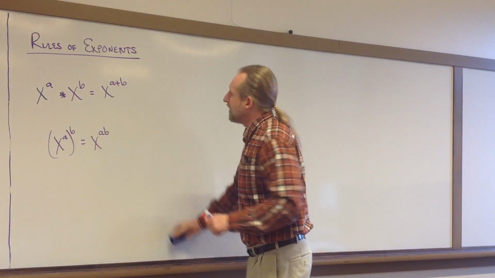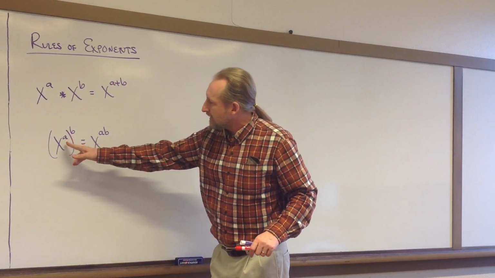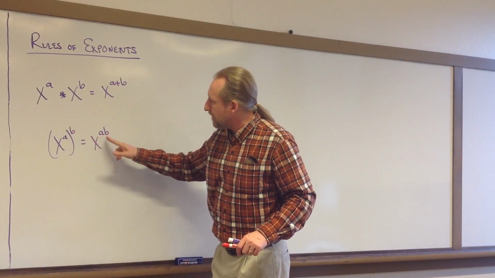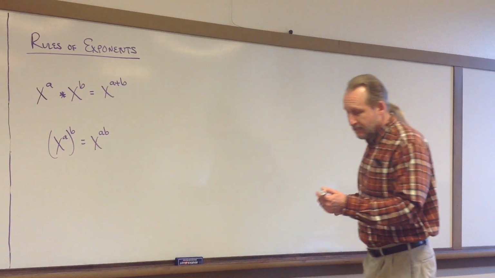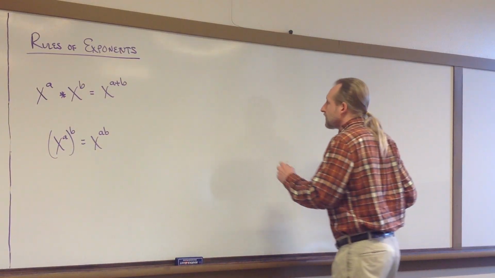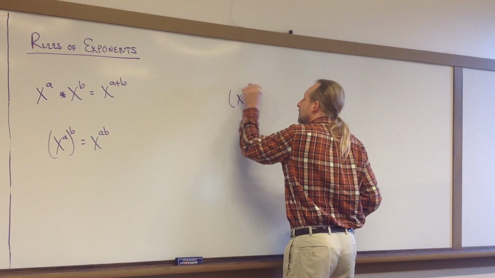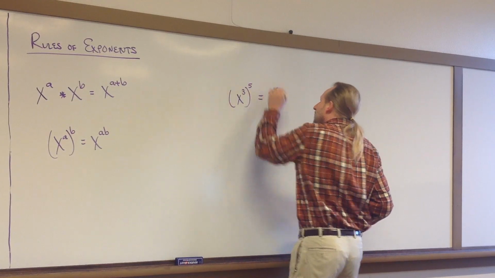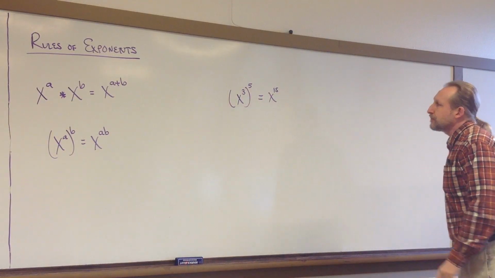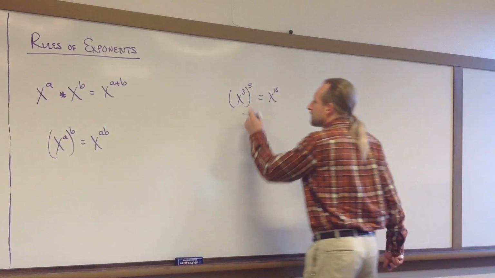Okay. What about this next one? If you have x to the a raised to the b power, that's going to be x to the a times b. So for example, if you have x to the 3rd raised to the 5th power, that will be x to the 15th power. Well, let's write this out.